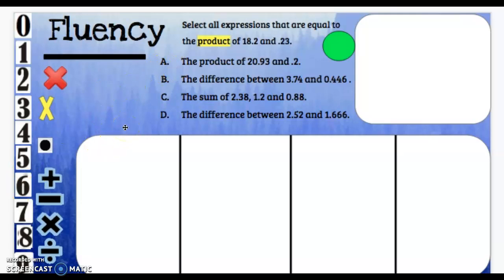Remember, our first rule when we are multiplying is to take out the decimals, meaning we have to rewrite that number without decimal points. So I'm going to put my 18 and then the 2 after it.